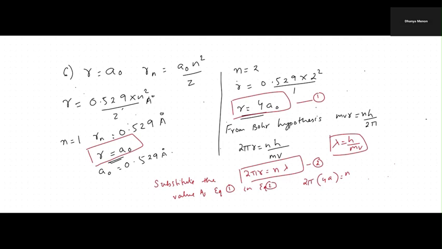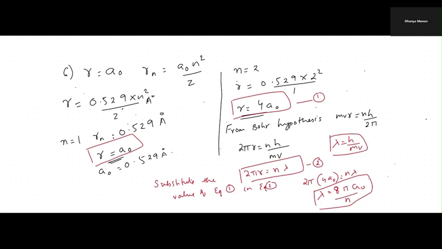So what is the value of lambda? 8 pi a0 by n, where a0 is nothing but the radius of the hydrogen atom. So this is the expression for the wavelength that they have asked.